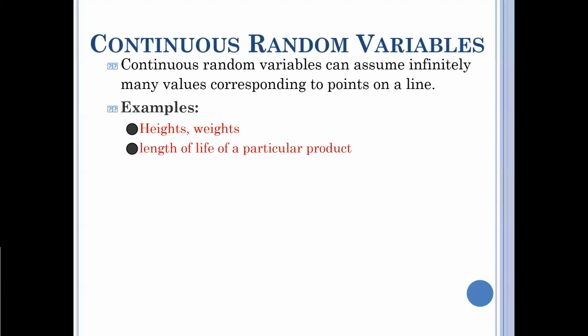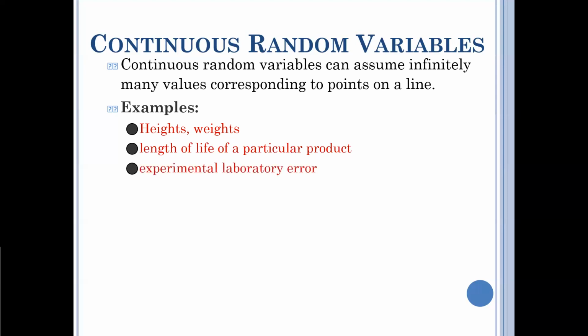Basically any expression of time, the elapsing of time, is considered measured and continuous. When we talk about the lifespan of a product, or someone's age, all of those are a measure of how much time has elapsed. So those are always considered continuous.